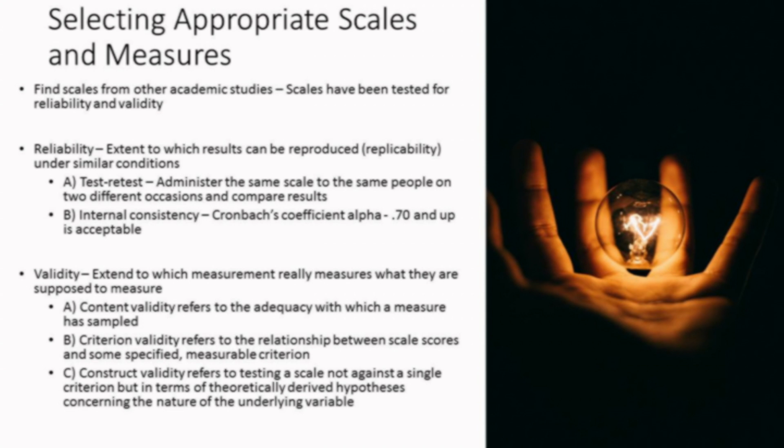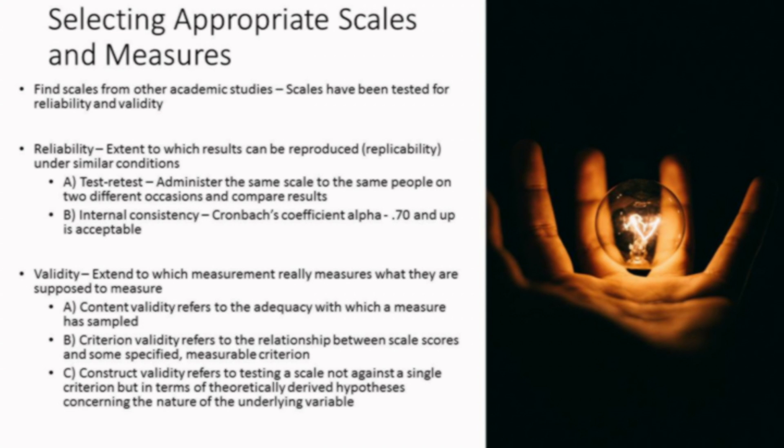Construct validity refers to testing a scale not against a single criterion, but in terms of theoretically derived hypotheses. The idea here is that the variables you are using are related to the theory and to the underlying variable as well.